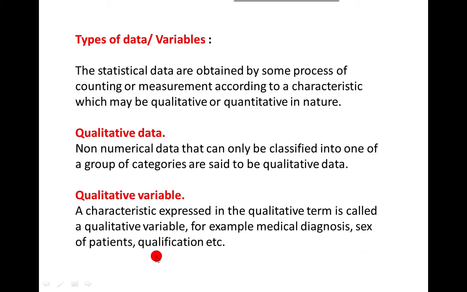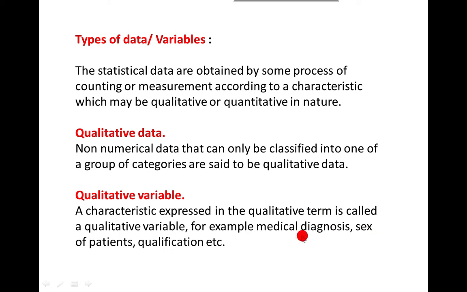Now third example, qualification. Qualification is a variable. Variable means changeable. The qualification changes person to person. For example, qualification may be MA, MSc, MCom, etc. So MA, MSc, MCom, etc. is the data of this qualitative variable, qualification.